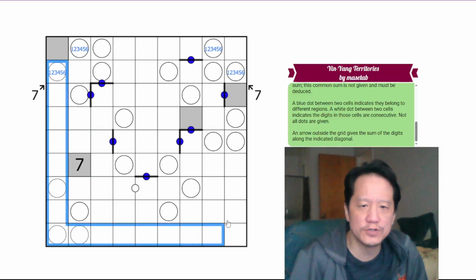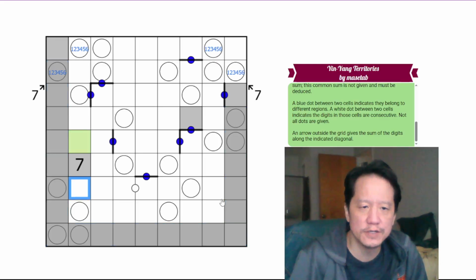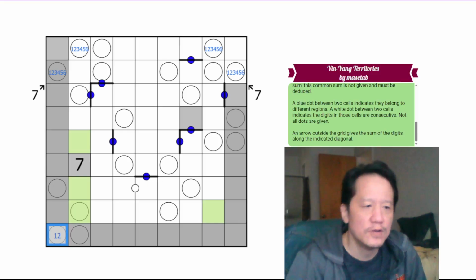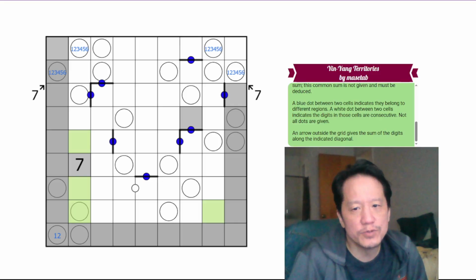So if this is all shaded, that means this must be unshaded, unshaded, unshaded here. This is unshaded here. This would either be 1 or 2 here, because you can only have.